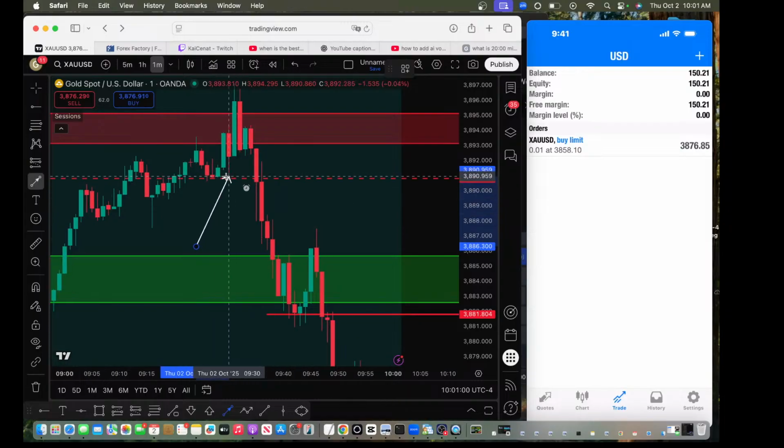As you can see, price does not break structure when it's going up. So even though we are in a bullish trend, you have to look at everything. Trading is not just a one arrow type of thing. You get what I'm saying? You have to pay attention to everything, bro.